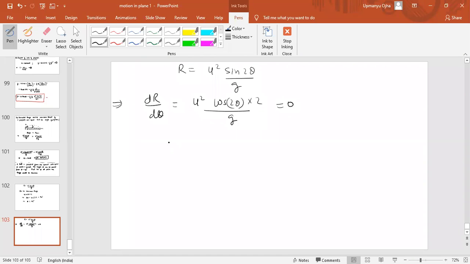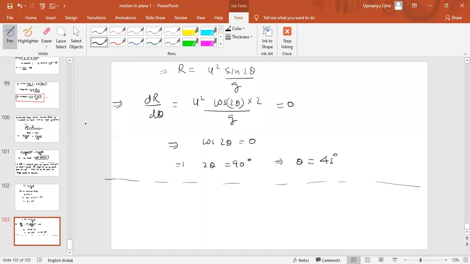So from here, can we say that cos 2 theta is equal to 0? When can you have cos 2 theta equal to 0? When 2 theta is equal to 90 degree, meaning theta equal to 45 degree. This is another way to prove that range would be maximum when theta is equal to 45 degree.